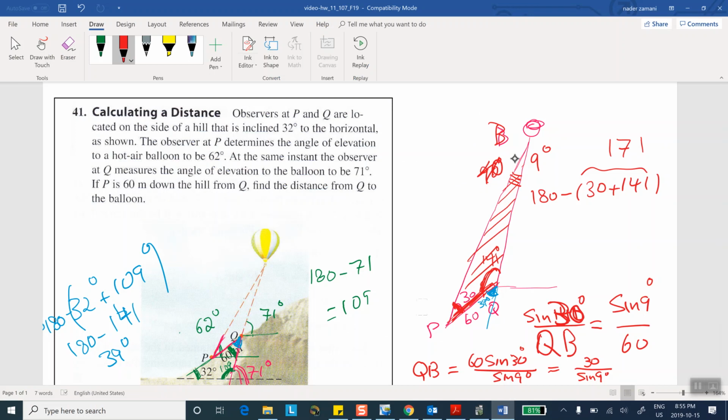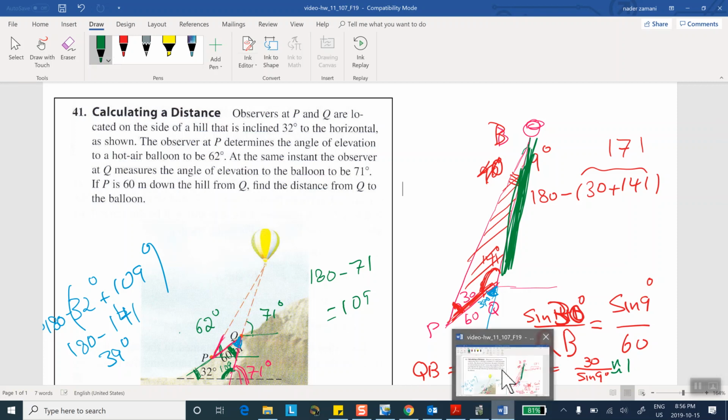So this distance QB is approximately 191.77 meters. Look, I might have made a mistake. I don't think I did, but it is quite possible.